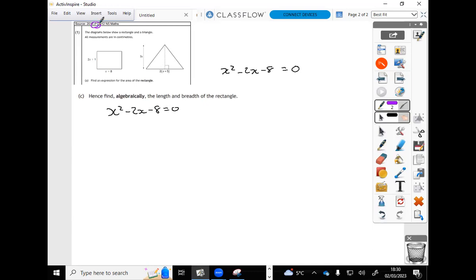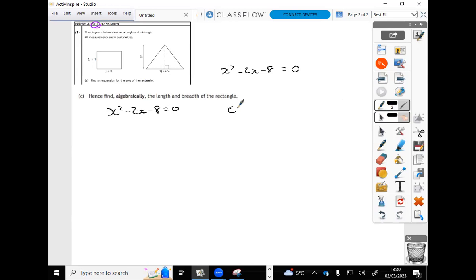All right, so it's paper 1. So it's very rare that you'll have to do the quadratic formula, minus b plus or minus root b squared minus 4ac over 2a. It's very rare you'll have to do that in the non-calculator paper. So that's the clue that I'm going to solve just by going through my factorization process.